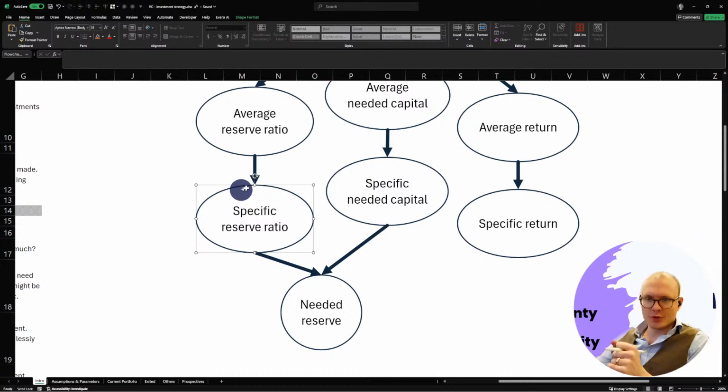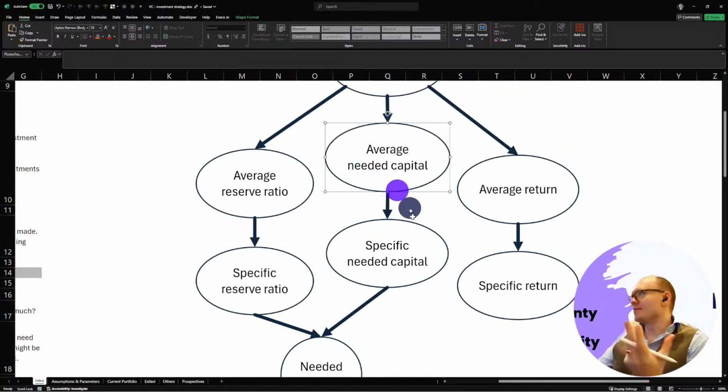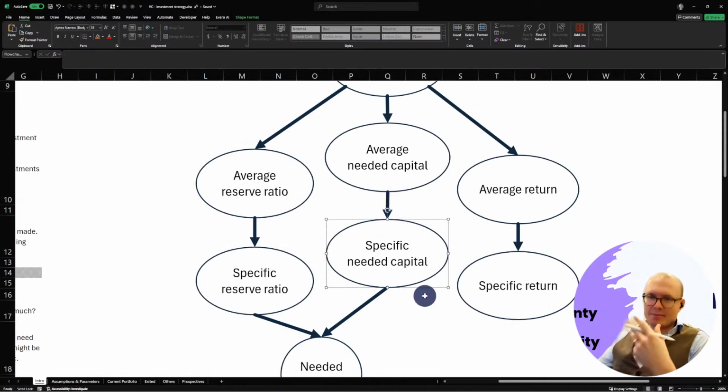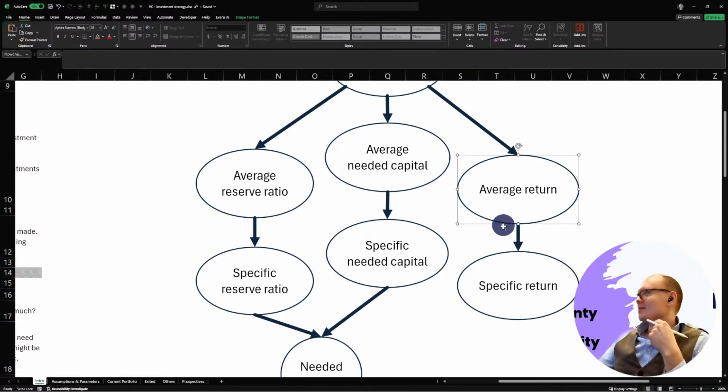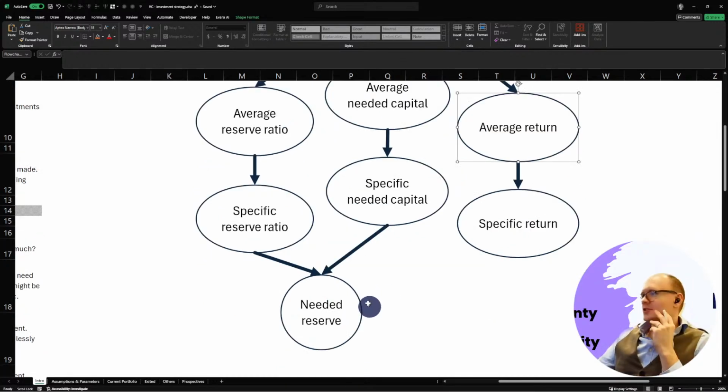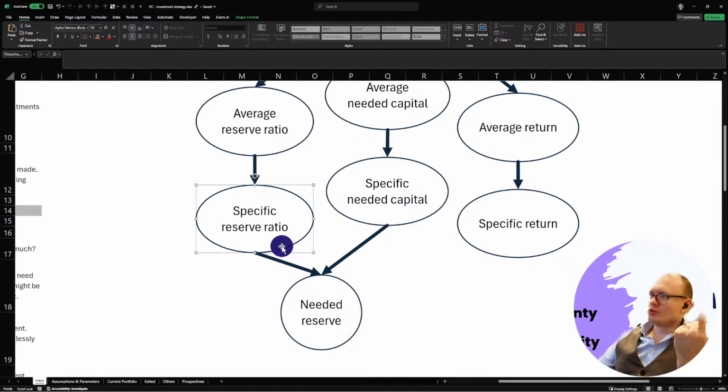The same is true for the capital that is needed when we invest now and later. And again, the return is also specific to each individual company. But if we know how much capital we need and the specific reserve ratio, we also know how much reserve we need to allocate to a potential investment.